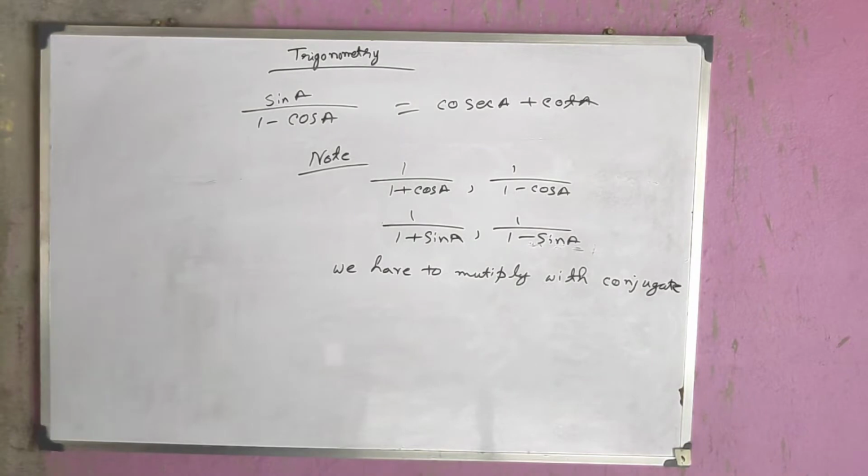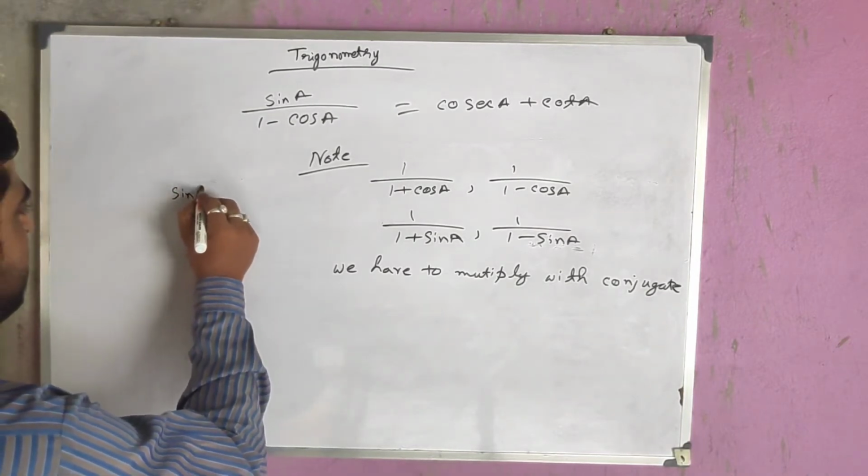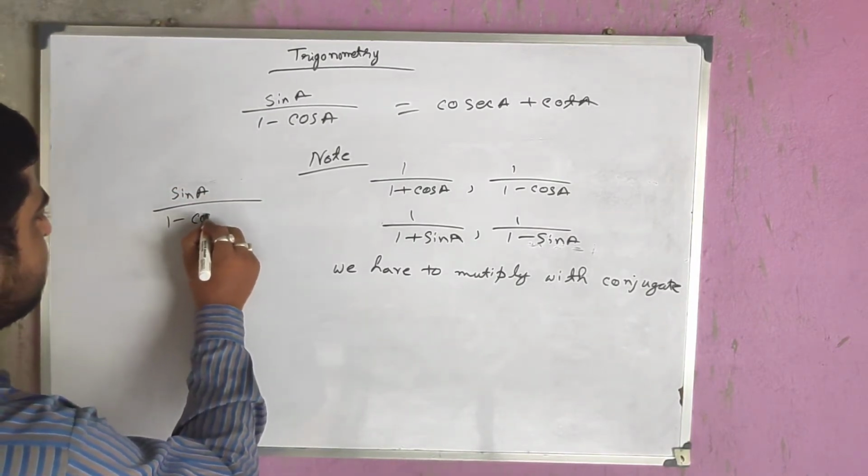So in the given sum, sin A by 1 minus cos A.